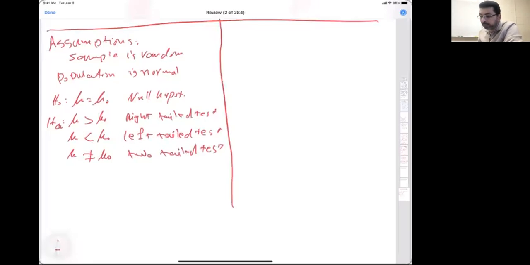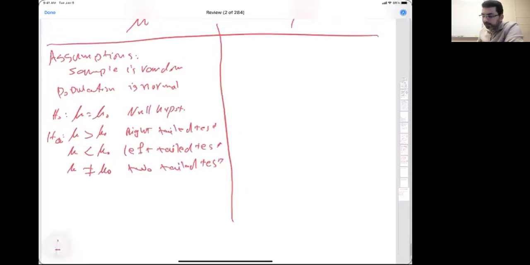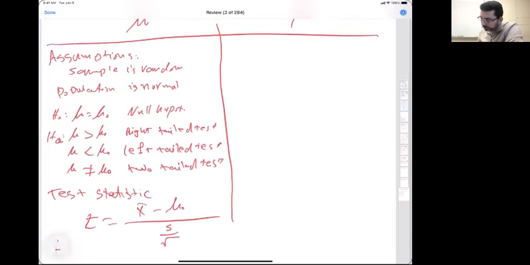So according to the hypothesis testing of the mean, we use the test statistic T, and T is equal to x bar minus mu naught divided by S over square root of n.